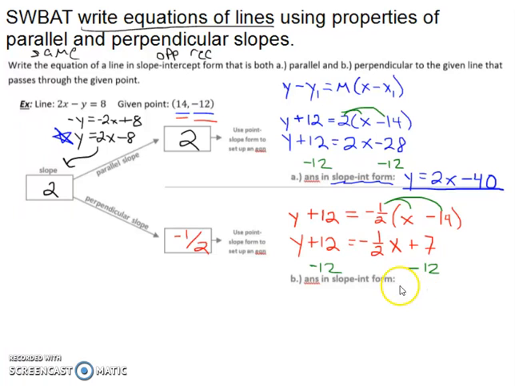When we do that, we're going to get y is equal to negative 1/2 x, and then 7 minus 12 is negative 5. Again, we know that this is perpendicular to the original line because it has an opposite reciprocal slope. And if you plug in 14 as your x value, you will get negative 12 as your y value, which means it does go through that point.